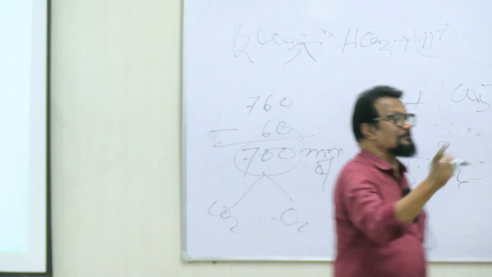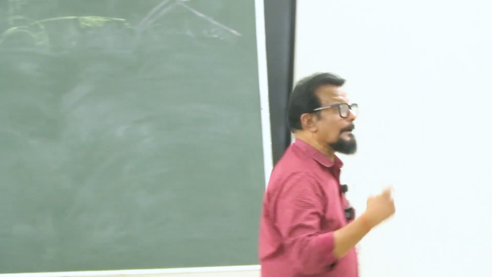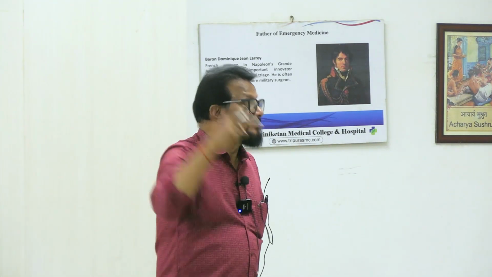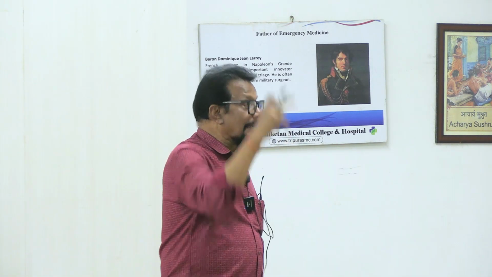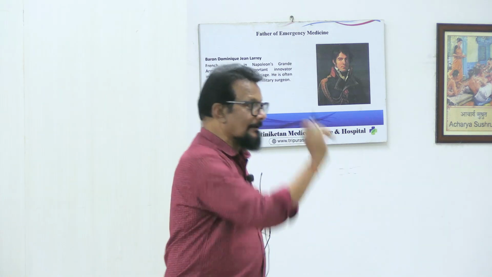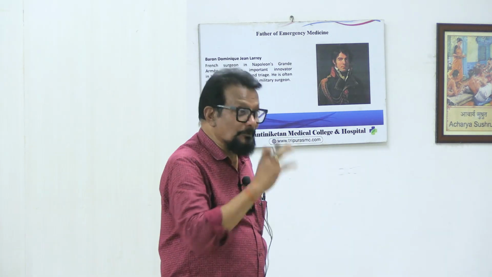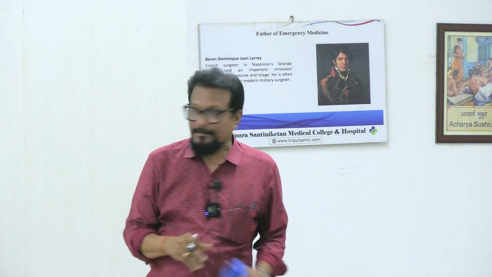This is the partial pressure of oxygen. Similarly for carbon dioxide, what is the percentage here? 0.03. So multiply 700 by 0.03 and you will get the partial pressure of carbon dioxide. This is what we mean by partial pressure. You understood this? Right? Okay.